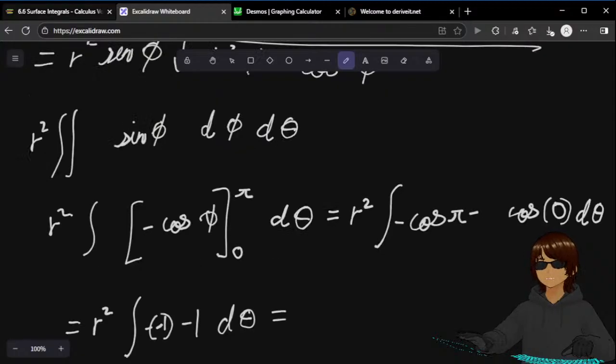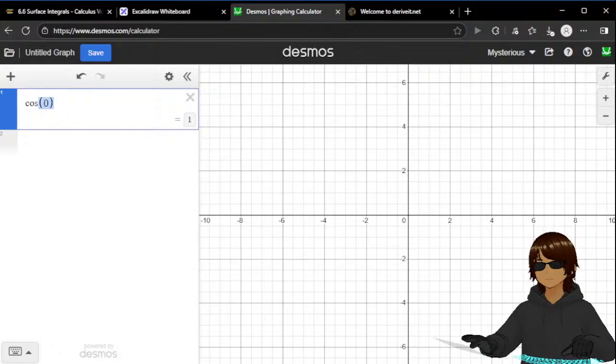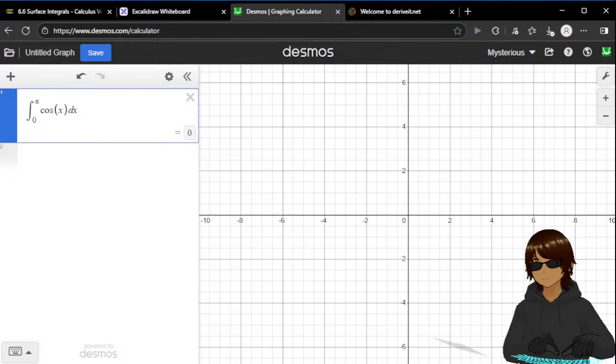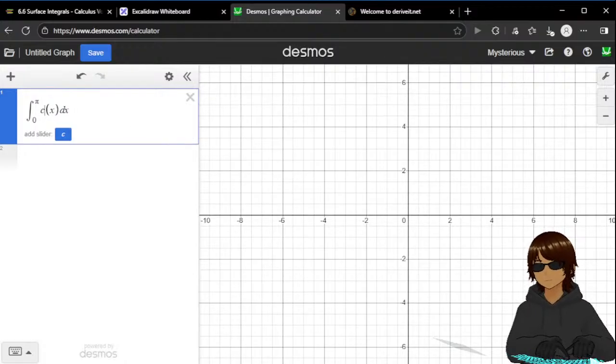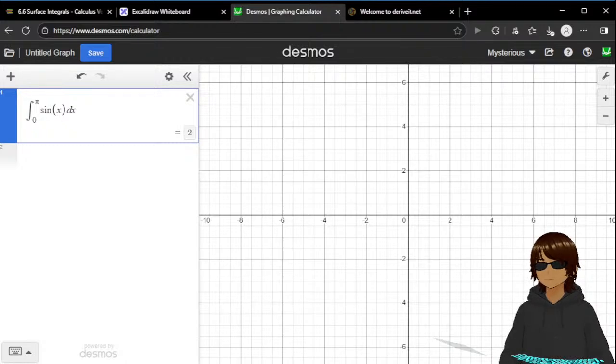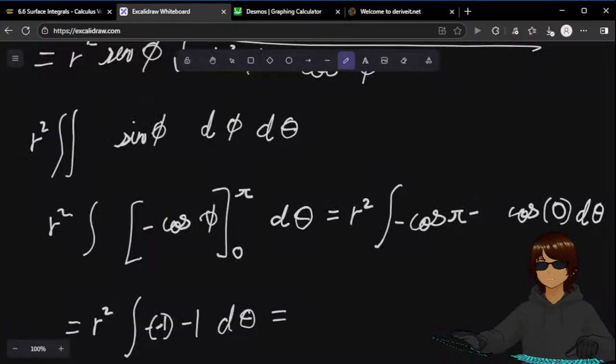Cos 0 is 1. How though? Derivative of sine is cos.